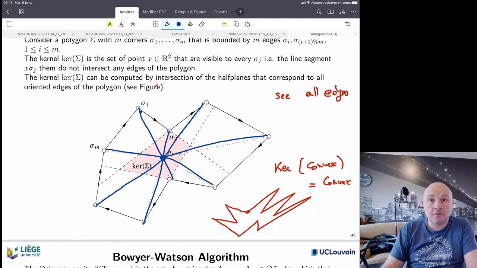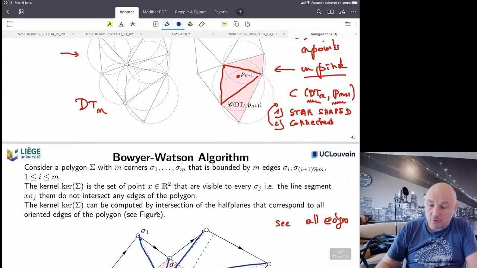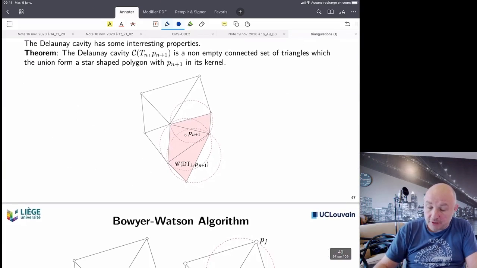What can be proven is that doing that, you conserve the Delaunay property. So the new triangulation that you get is dt n plus 1. So that's the procedure, okay?